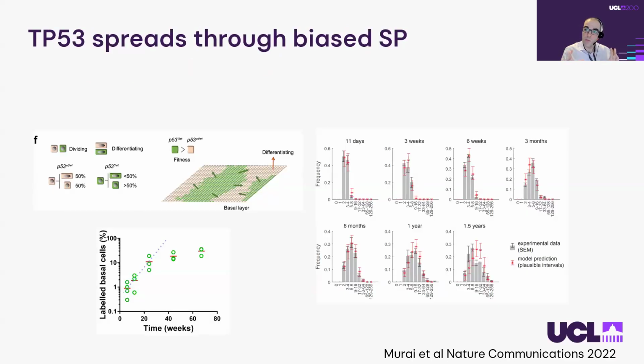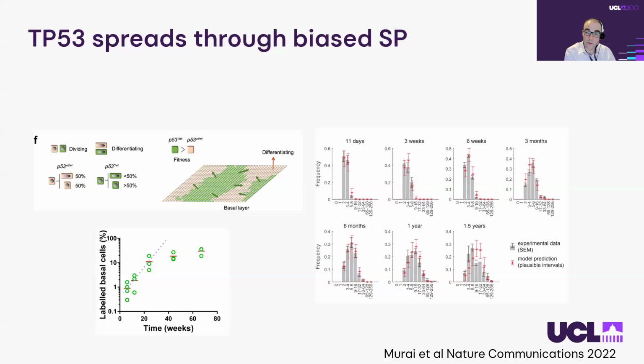P53 can be mutated in the tissue, and we can track the clones with similar techniques to the lineage tracing I just talked about. When we do track these clones, we find that we can make small modifications to a single progenitor model to bias it in favor of producing dividing cells.